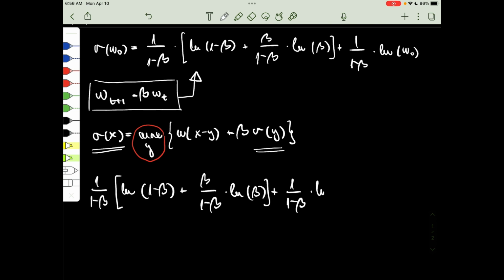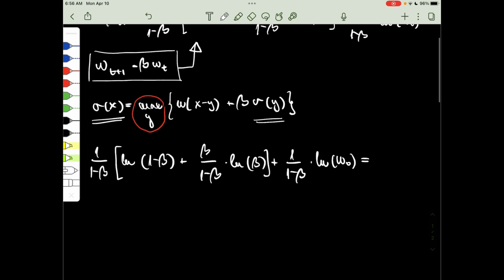Hopefully it's correct. This is the left hand side, and this is the right hand side.